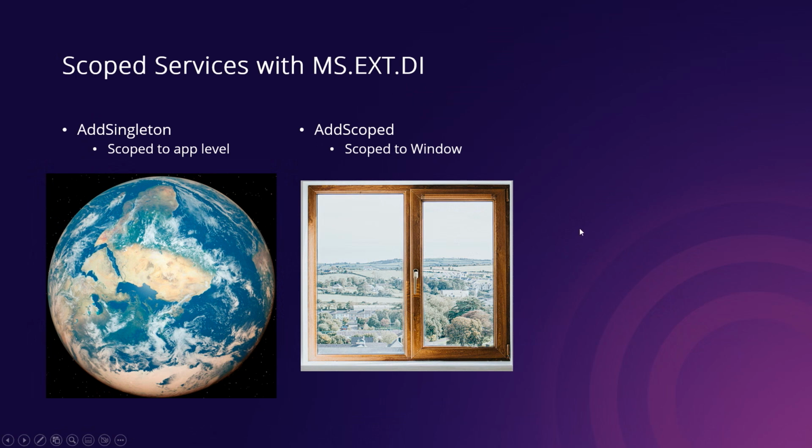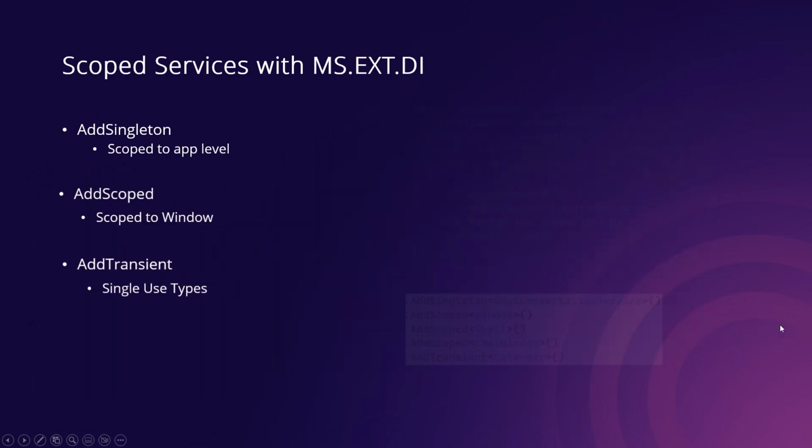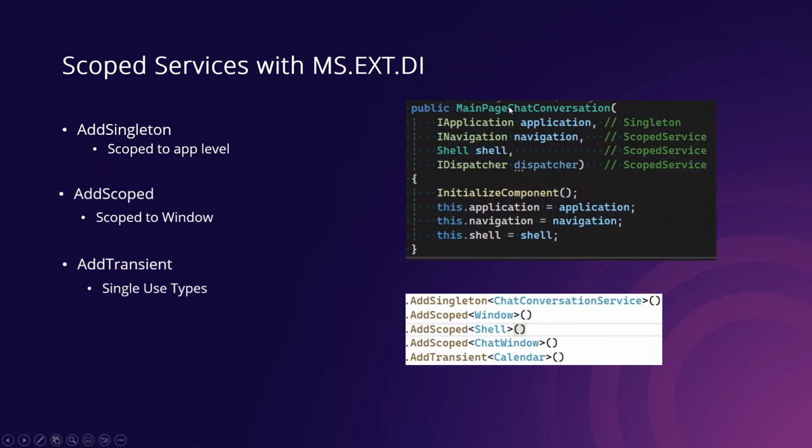It's cool if you want things to go per window. You'll see some neat stuff that we do there. And then add transient is just your single-use types that you get, then throw away and forget about. Here we have an example of singleton, scoped, and transient, and there it is injecting into the constructor, resolving into the constructor.